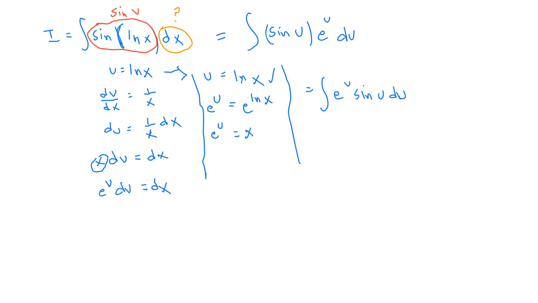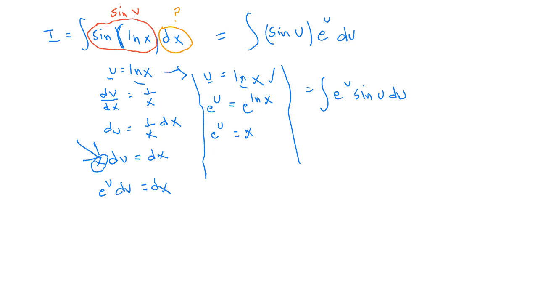Could you explain one more time why you put e into the... Well, so I have to figure out what x is in terms of the variable u. And the only relation I have is that u equals the log of x.